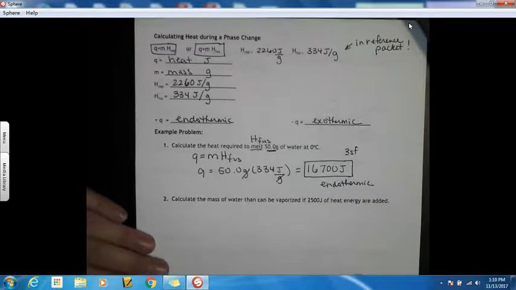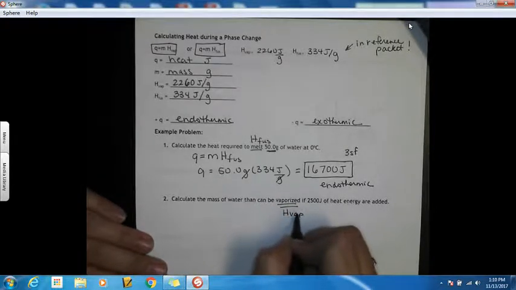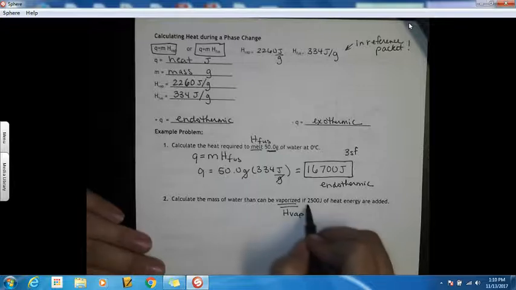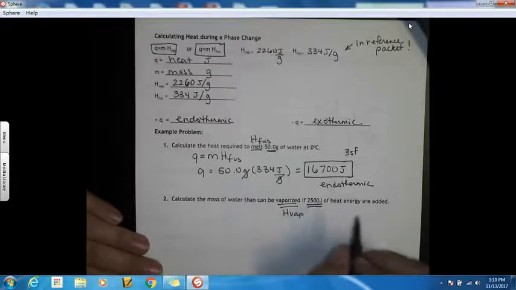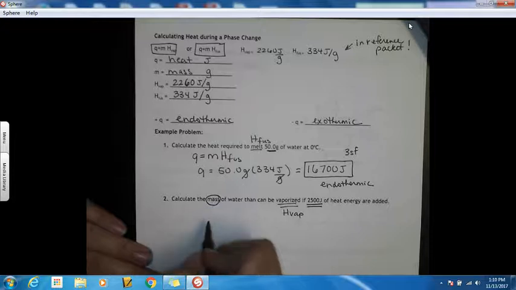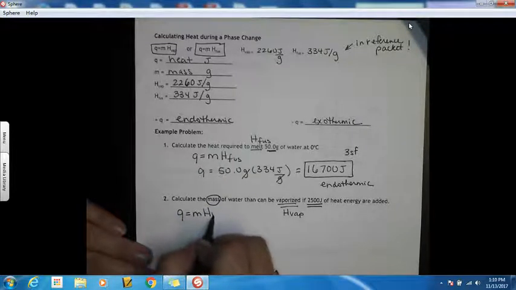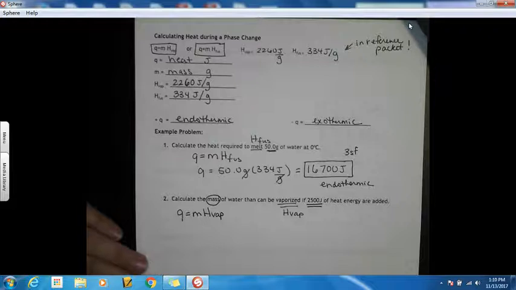All right, now we want to calculate the mass of water that can be vaporized. As we're vaporizing, we're going to use heat of vaporization. And so if this time we added 2,500 joules of energy, we want to know what is the mass. Again, our formula is the same, we're just going to use a different constant, heat of vaporization.